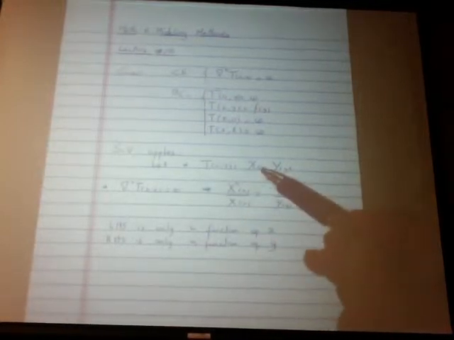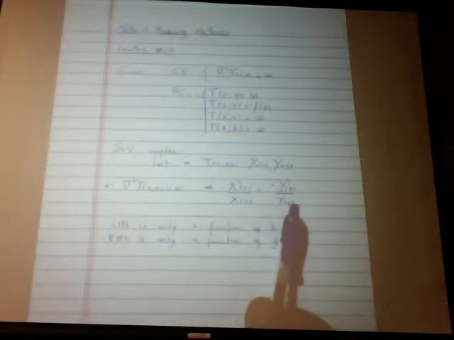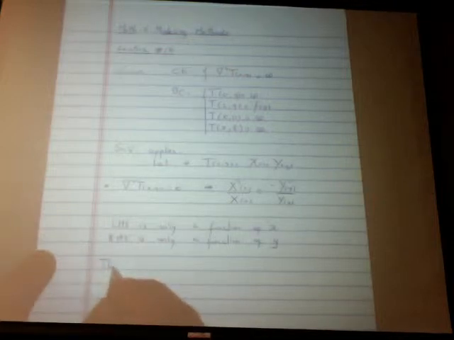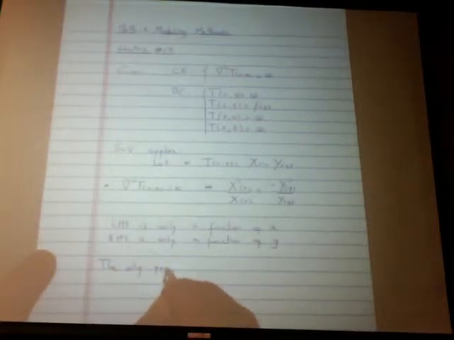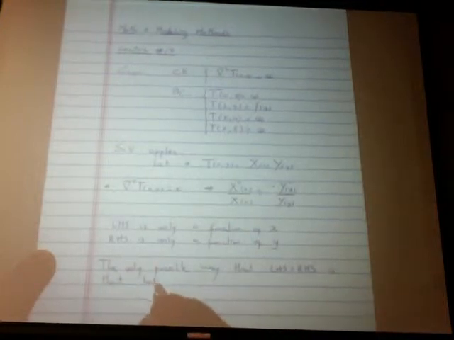So whatever function X is, when we take its second derivative, the x dependency has to cancel out, and the only possible way that these can be equal is if both are equal to a constant. So the only possible way that the left-hand side is equal to the right-hand side is that both are equal to a constant.